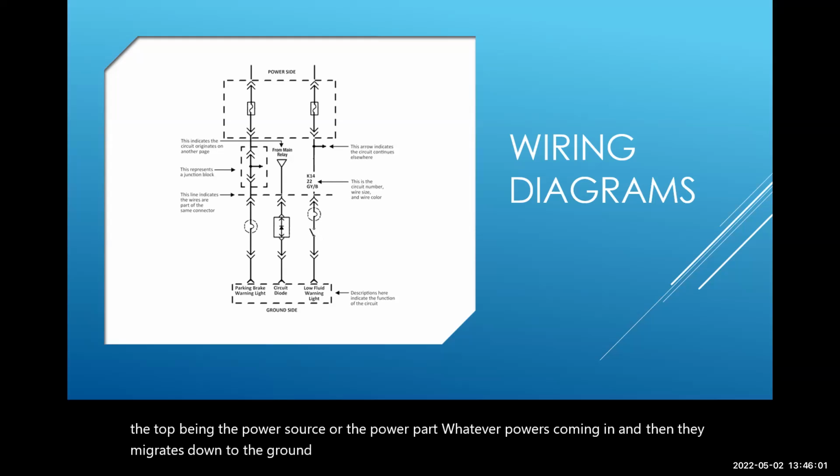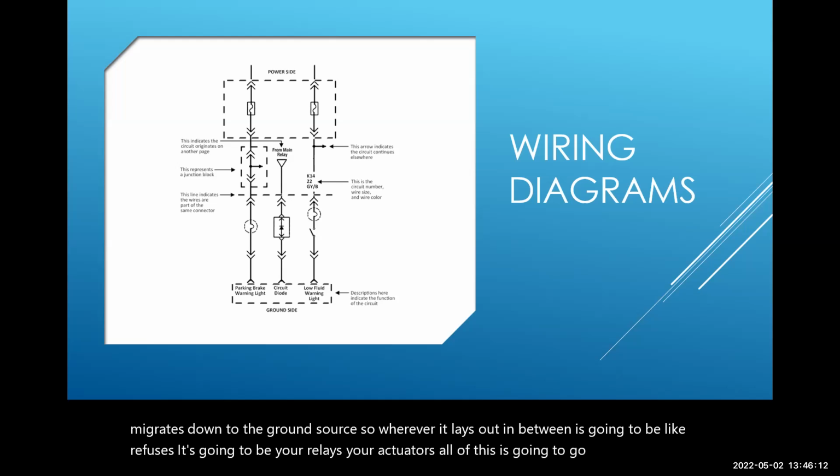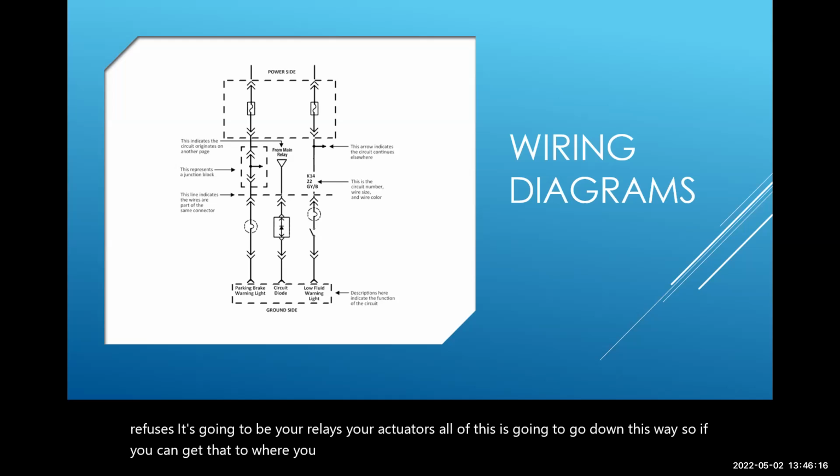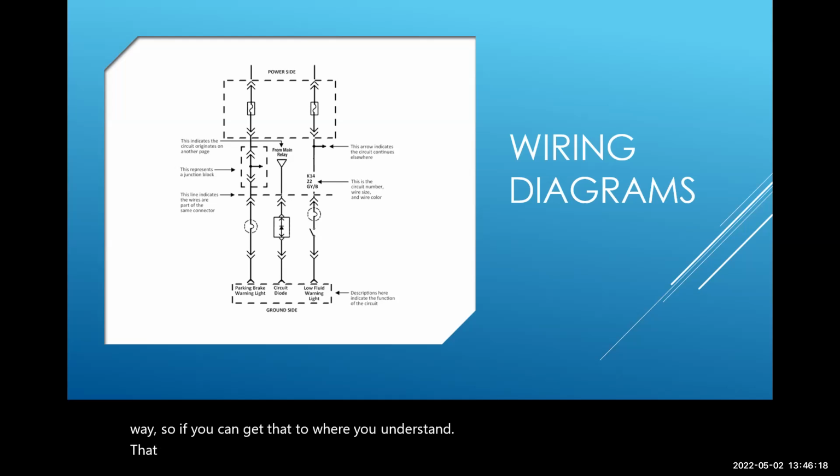Wherever it lays out in between is going to be your fuses, your relays, your actuators. All of this is going to go down this way. If you can get that to where you understand that part, that's part of the battle.